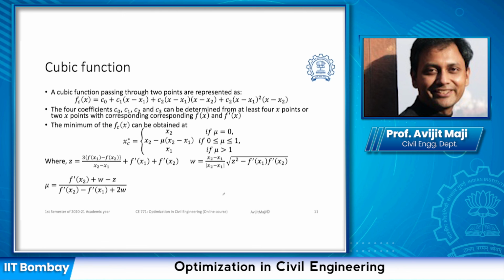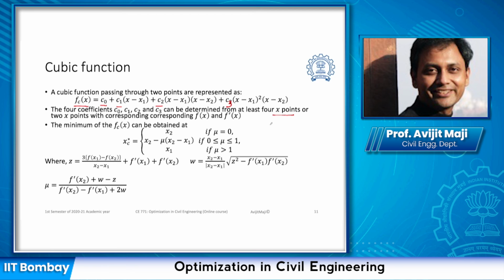So if you are looking into the cubic function, it is going to be of this nature, and here we are going to have 4 coefficients, C0, C1, C2 and C3. So these 4 coefficients need at least 4 x points to find out their values.